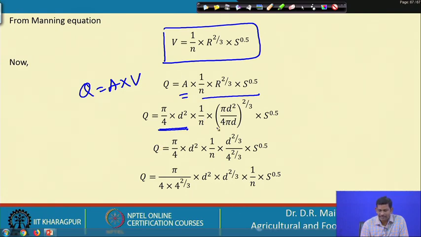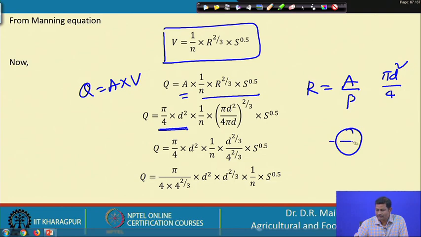Here r is equal to A by P. A is pi d square by 4 and P is the perimeter. If you remember, the perimeter is the base, so the perimeter is a half circle, that is pi d. This way you get pi d square by 4 pi d and S power 0.5.